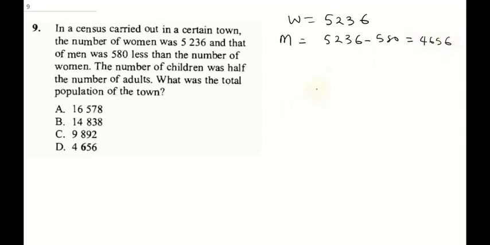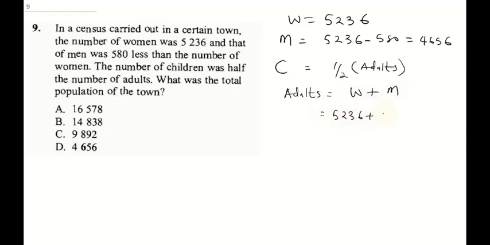4656. Okay, then children, the number of children was half the number of adults. So let's sum up half adults. Now the adults will be women plus men. So we're going to do 5236 plus 4656.